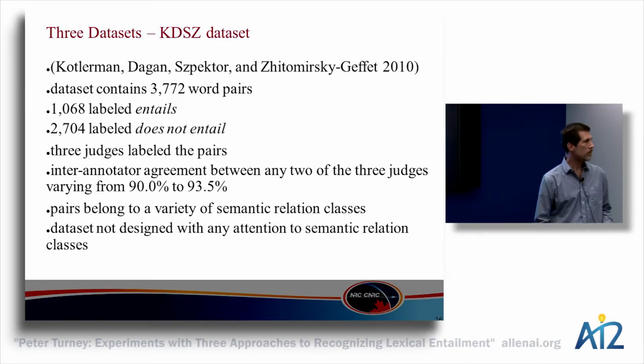In your mapping to 79 classes, how much inter-annotator agreement do you get? About 80%. So there's a drop from the 90% that they got in the Kotlerman data set, because we're using a broader definition. The instructions for their annotators were substitutability. We don't use substitutability, we use semantic relations.